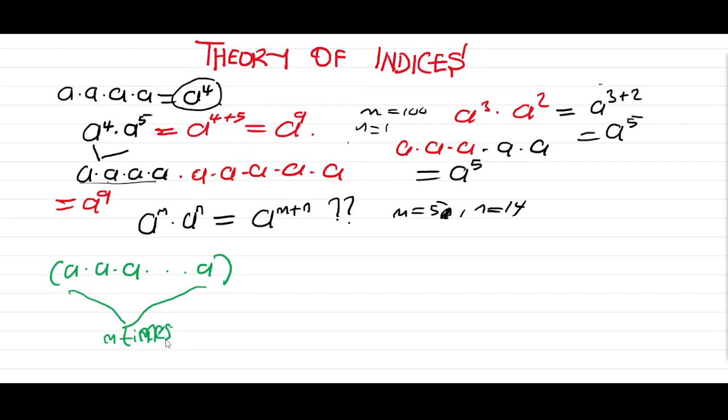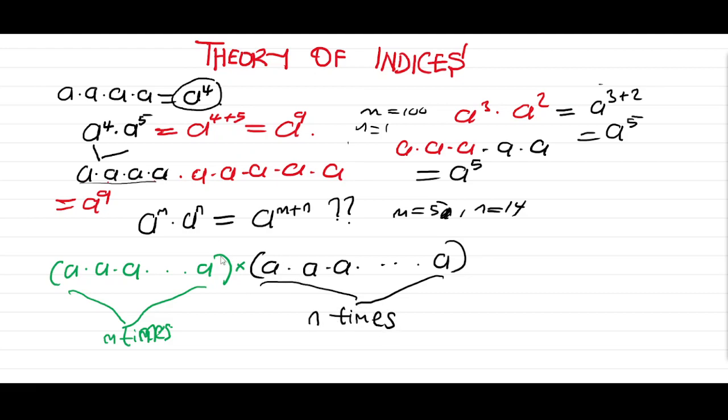On the other hand, we're multiplying it by a to the n, and it's just like before: a multiplied by itself, and this will repeat n times because we have raised a to the power of n.